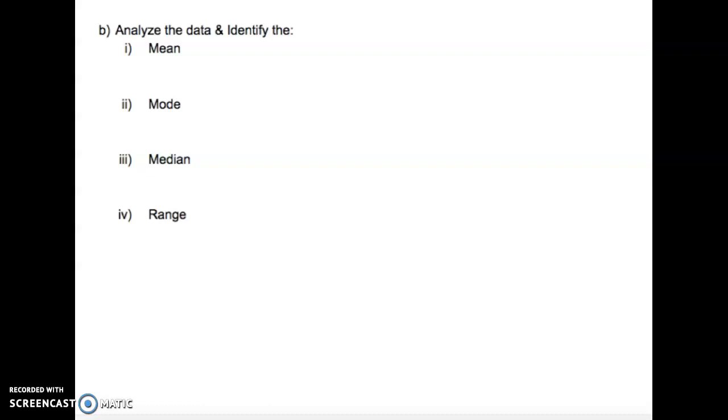When we add up all the numbers, we get 524, and then we have to divide by how many numbers there are. There's 20 numbers. So 524 divided by 20 is 26.2.